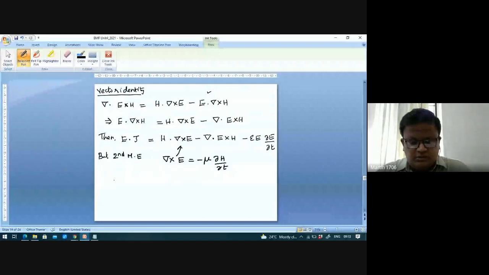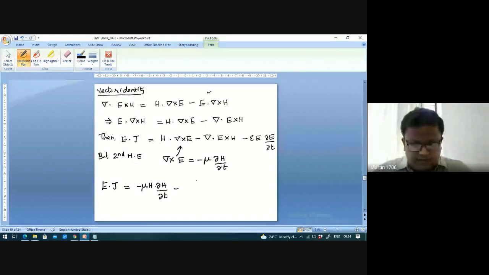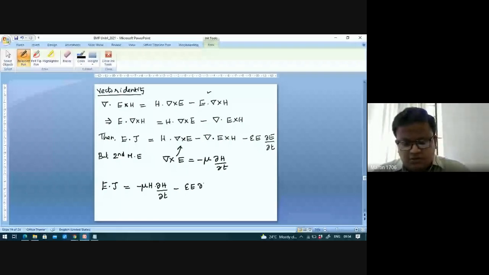Then E dot J can be revised like this: E dot J is equal to minus mu H dot dou H by dou T minus epsilon E dot dou E by dou T minus del dot E cross H.